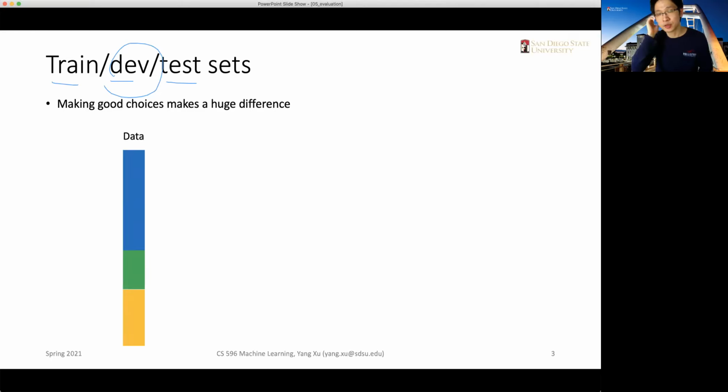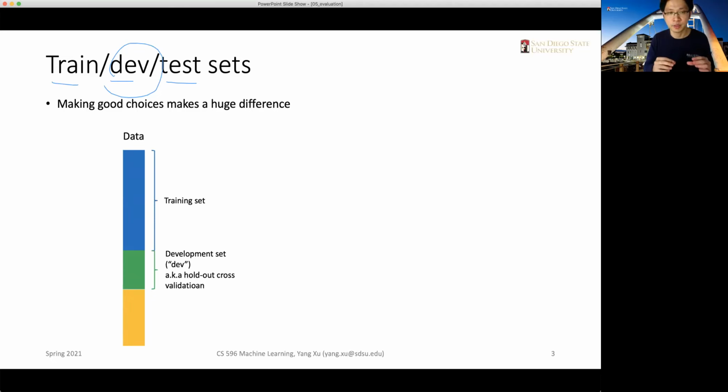Usually speaking, the training set should be the vast majority of data in our usage. Okay, we want to utilize as much of the data as possible, but we still need to leave some space for data examples outside the training examples. For example, the green part in the middle is usually the smallest proportion of this split. It's called development sets or validation sets, or sometimes you call it a holdout cross validation. Okay, and the testing set is usually a little bit larger than the dev sets.